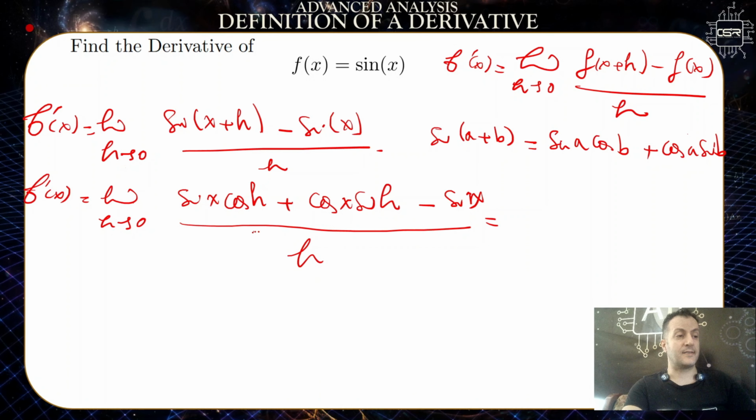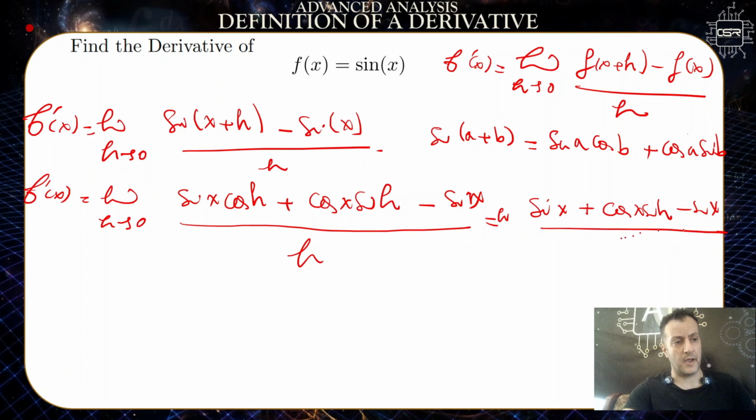Now, as h approaches 0, cosine h becomes 1 because it becomes cosine 0, which is 1. So it's equal to the limit of sine x plus cosine x sine h minus sine x divided by h.